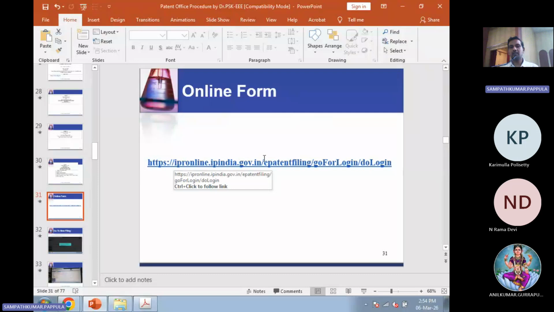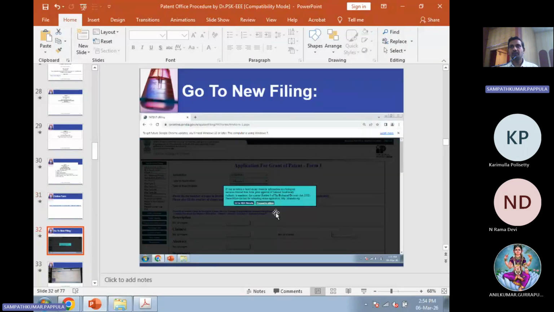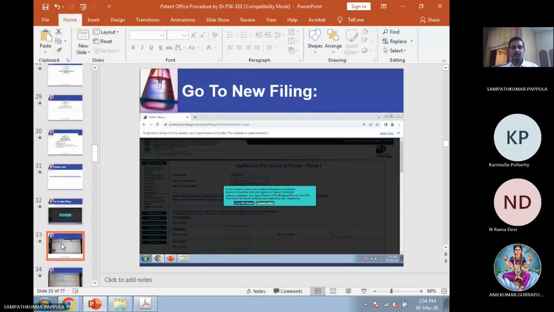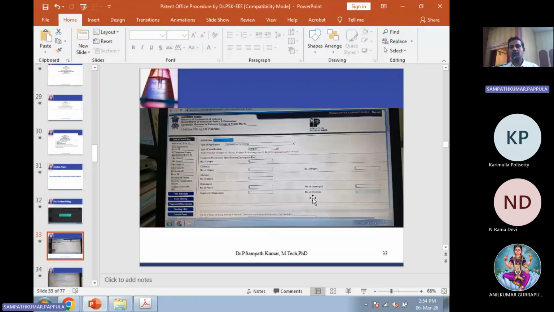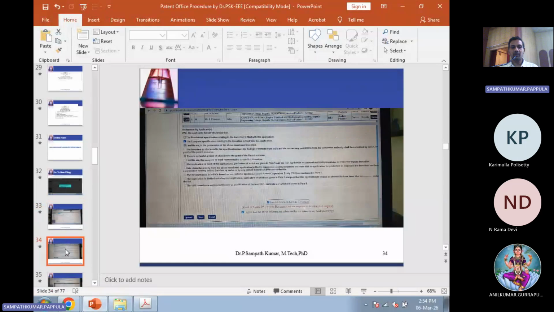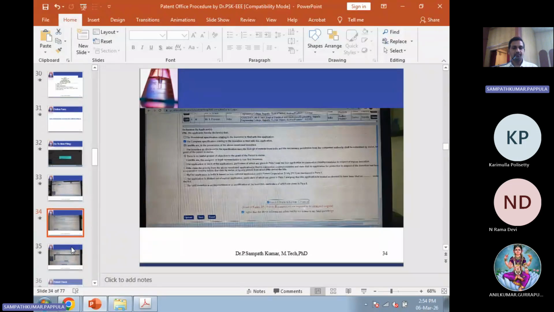After that, use this link and you will get the same site. I already showed this one. So here, proceed. After proceeding, you will get a new window. Upload all the details and files one by one. Before declaring the form, you need to proceed by clicking Form 9 and uploading it.